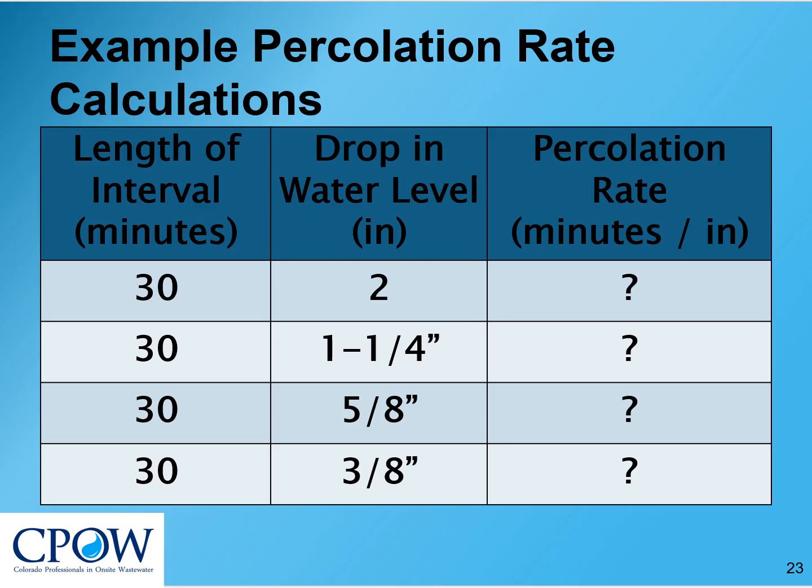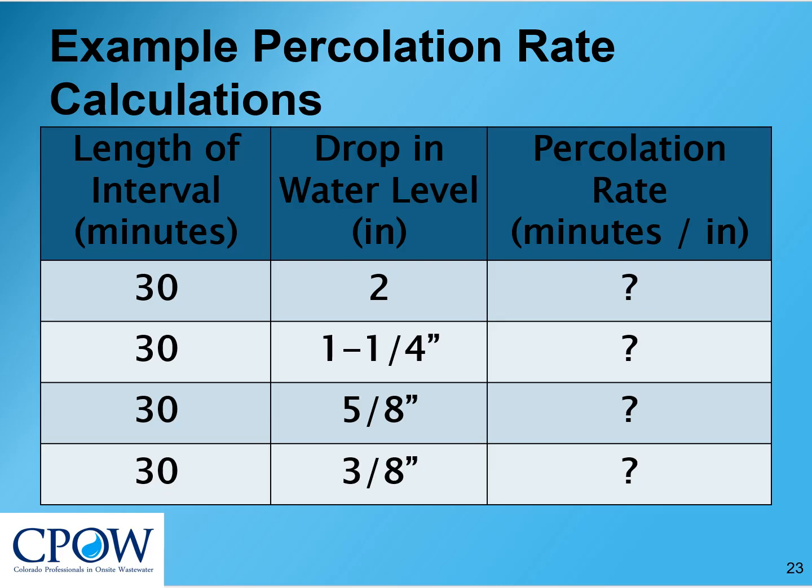So here are some example percolation rate calculations. Here we have the length of interval in minutes. Each interval is 30 minutes, and then the drop in water level in inches. And in order to calculate the percolation rate, we're going to take that length divided by the drop. So here we have 30 divided by 2. Then we have 30 divided by 1.25.